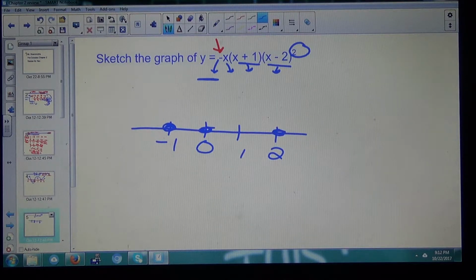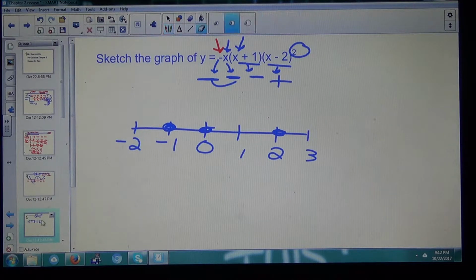Okay, and I'm going to test my numbers. So -2, well, I put a negative in for my x here, so -2 would be negative, which technically if you included the negative, these two together give me a positive at the end. If I plug in a -2 here, -2 plus 1 is negative, and then when you square something, it's always positive.